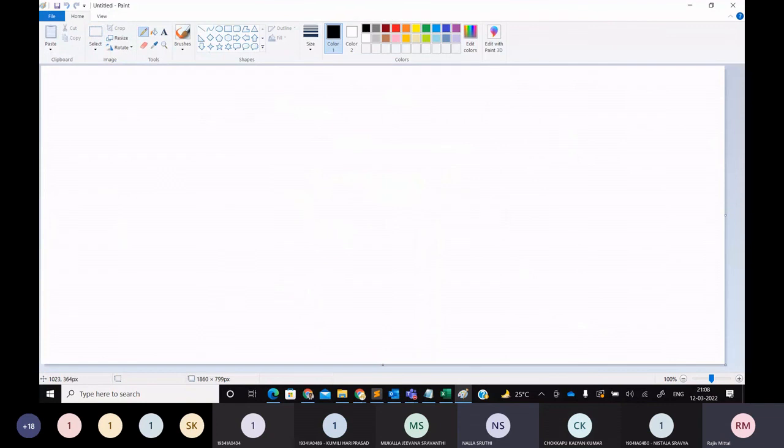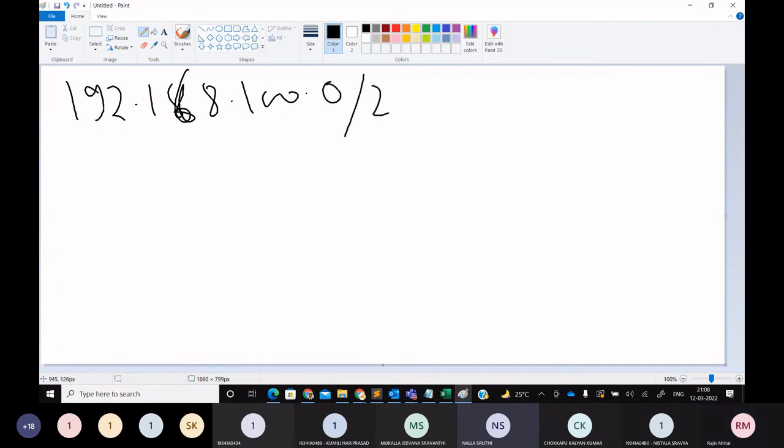Okay, so let's take a practical example. Your university has a range 192.168.100.0/24. Your college has been given this IP address. You are the head of the IT department and you have been told that now we have different departments coming up in the university.